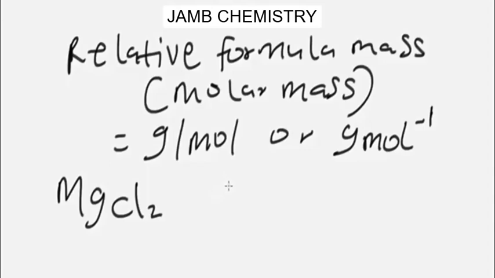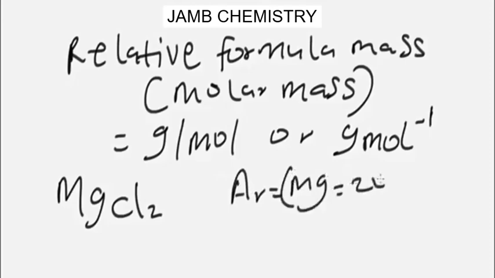We are given the relative atomic mass of magnesium to be 24, and that of chlorine to be 35.5. Now that we have the relative atomic mass of these elements, we can go ahead and find the relative formula mass or the molar mass of magnesium chloride.